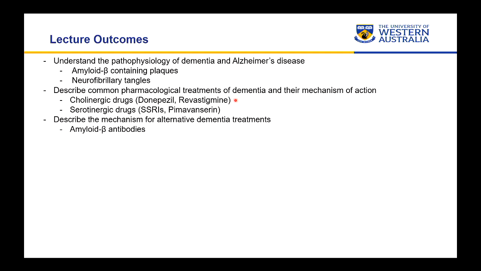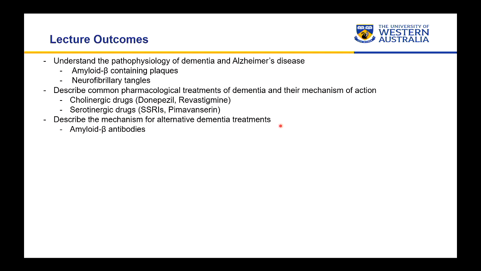We're mostly going to talk in the context of cholinergic drugs, so drugs that affect acetylcholine neurotransmitters, which is very important for things like memory and mood regulation. We'll touch briefly on serotonergic drugs again. So we talked about SSRIs in the context of mood disorders. We'll briefly touch on them again for dementia as well.